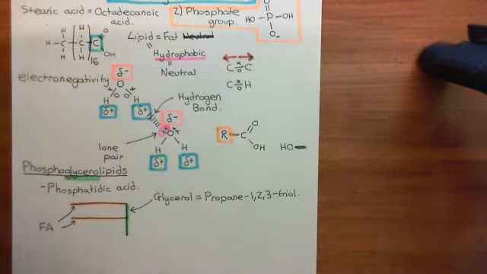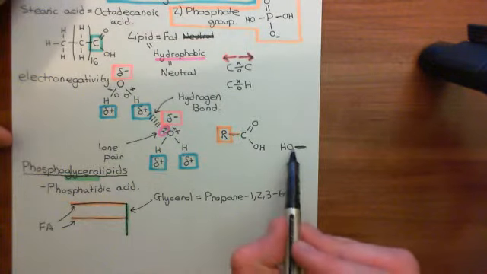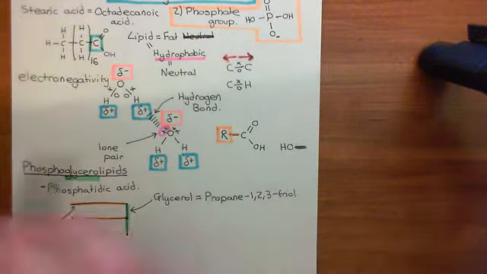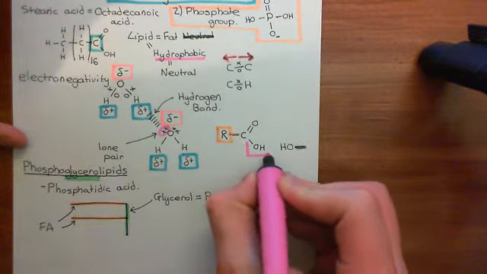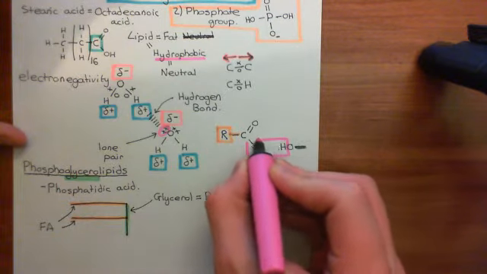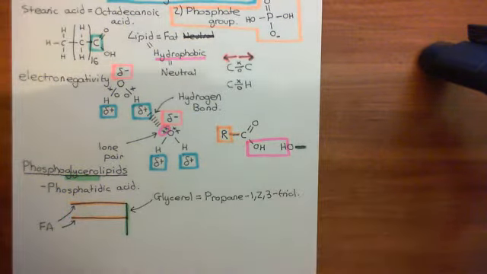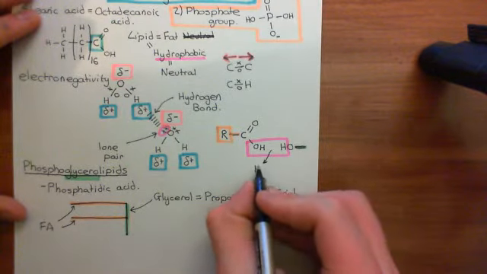So how are we going to attach this carboxylic acid group onto the alcohol group of the glycerol molecule? Well, we're going to take the alcohol group off the carboxylic acid group. We're going to take the hydrogen off the alcohol group. We're going to bind those two things together to make water. Okay, that's why this is a condensation reaction.